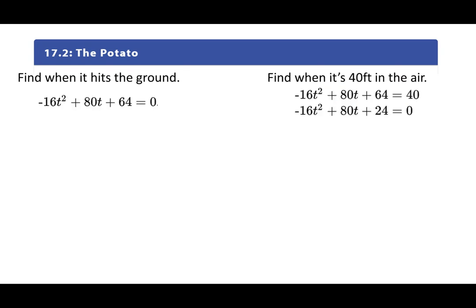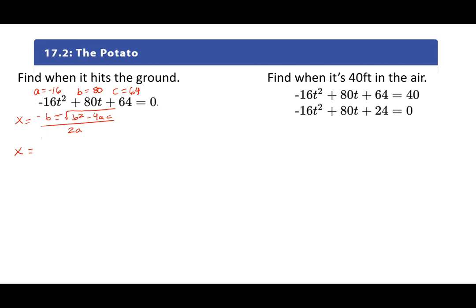Let's go ahead and use our quadratic formula to help us with solving this. We have in this first one, a equals negative 16, b equals 80, and c equals 64. Our quadratic formula is x equals negative b plus or minus the square root of b squared minus 4ac all over 2a.